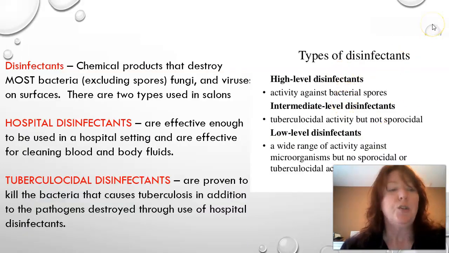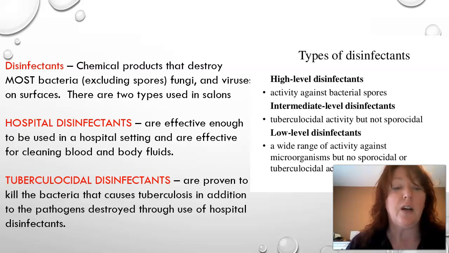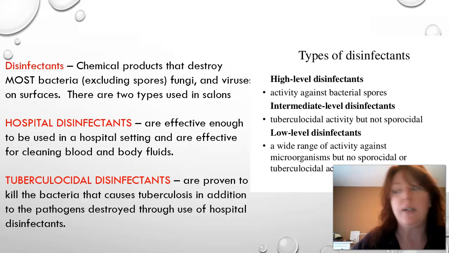So moving on to disinfectants. Disinfectants are chemical products that destroy most bacteria, excluding spores, including fungi and viruses on surfaces. There are two types used in the salon. There's a hospital grade disinfectant. They're effective enough to be used in a hospital setting, and are effective for cleaning blood and bodily fluids.